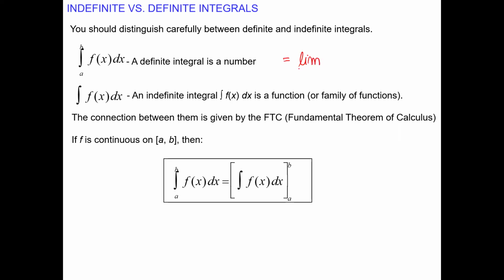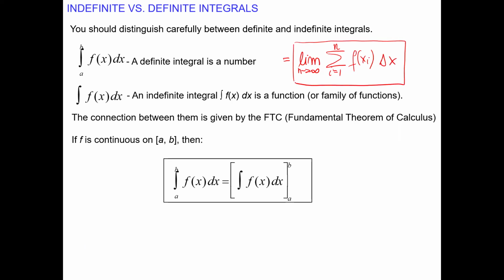Limit as n goes to infinity, we know what n is, and then summation starting from 1, ending with n, but n is infinity, and then f of x sub i times delta x. That means this is a definition.